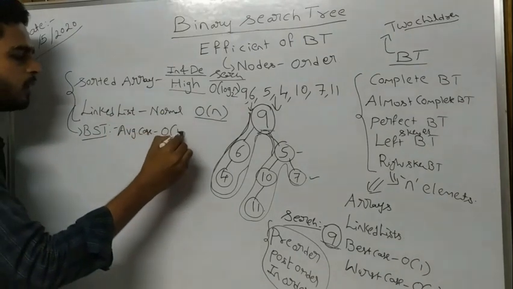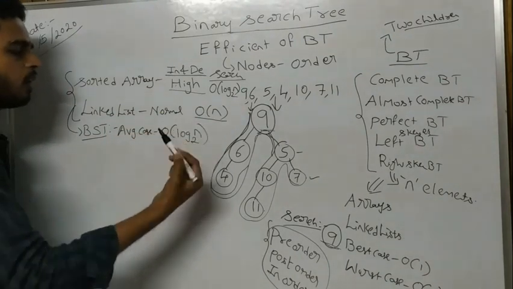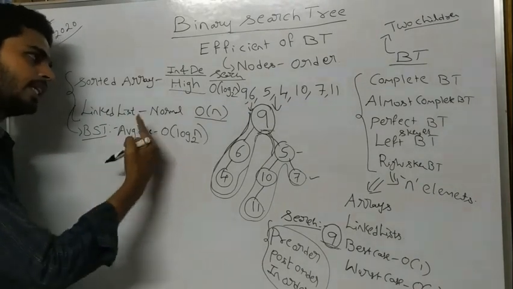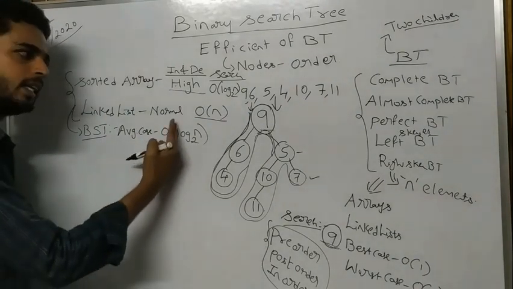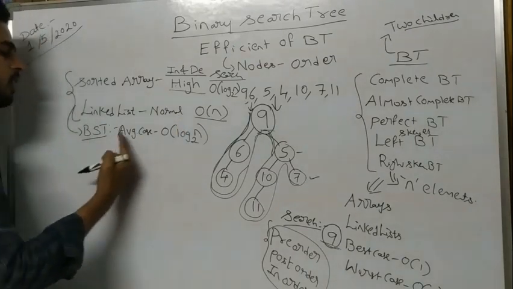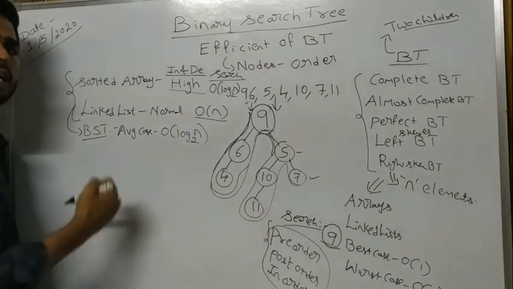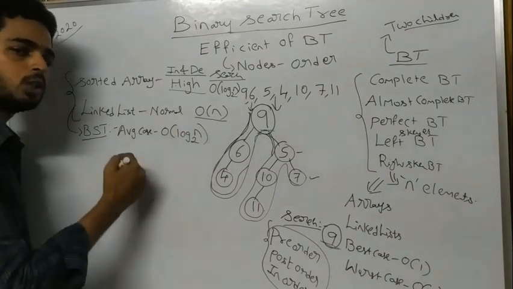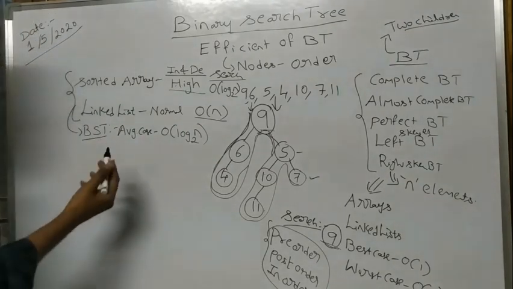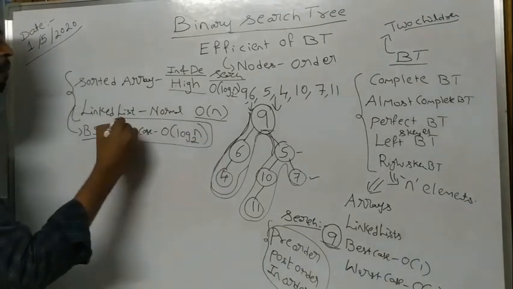It is going to get big O of log n base 2, meaning that for performing insertion, deletion, or search operation, for almost all the cases it is going to take big O of log n base 2. But there is one problem here that we will see later. Okay, so this is the advantage of binary search tree.